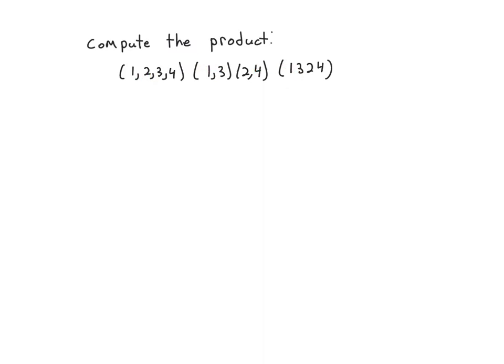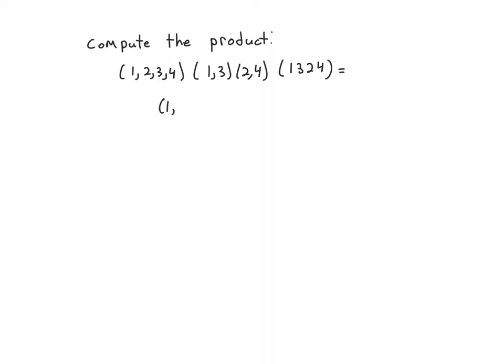These two cycles have an element in common, so it's not disjoint. So one approach could be to multiply them two at a time and use associativity, or the other one is to use an algorithm we've been developing. We know this is a permutation, so we just figure out the cycle type of the resulting permutation by figuring out where 1 goes, where 2 goes, and so on.